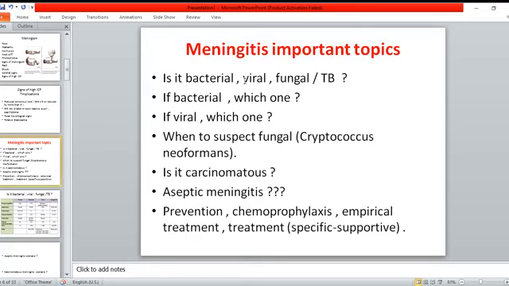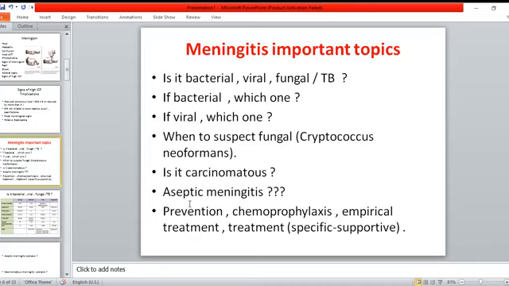Aseptic meningitis also is an important topic and sometimes also appears in the exam, and we are going to cover this very shortly. Of course, most of the questions may stress on the treatment, either empirical treatment or the specific treatment or some supportive therapies, and also chemoprophylaxis for meningitis.